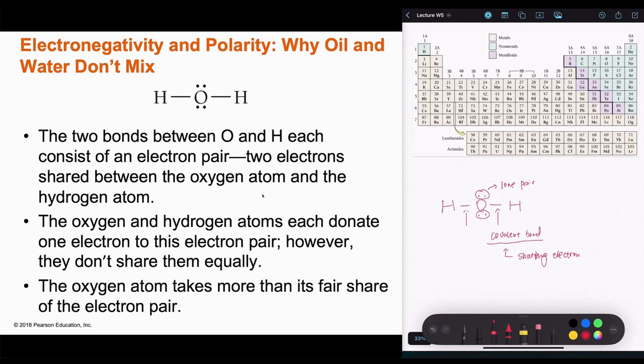The oxygen atom takes more than its fair share of the electron pair, which means this oxygen is stronger compared with the hydrogen. So the two electrons within this O-H bond are closer to the oxygen than to the hydrogen atom.